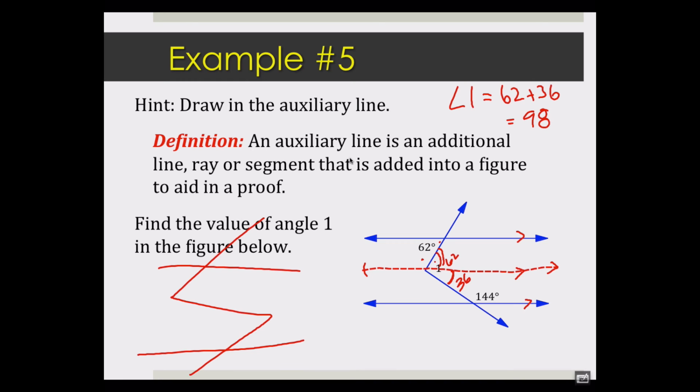Notice you treat the top half and the bottom half like separate problems. So maybe it helps to cover this up on your paper and solve this part of the problem where you just look at the angles you have there, get that angle measure, then cover up the top part and solve this because they're considered 2 separate parts.